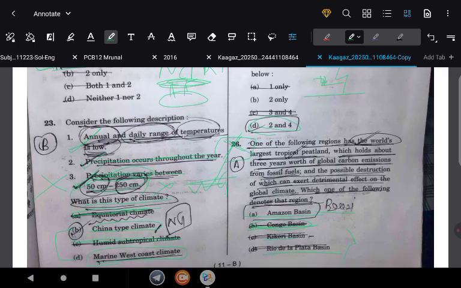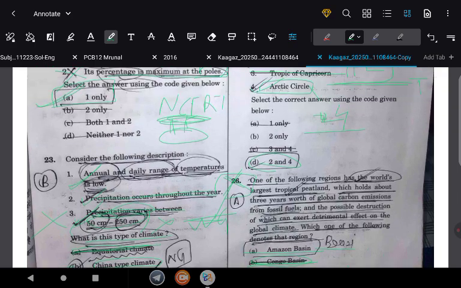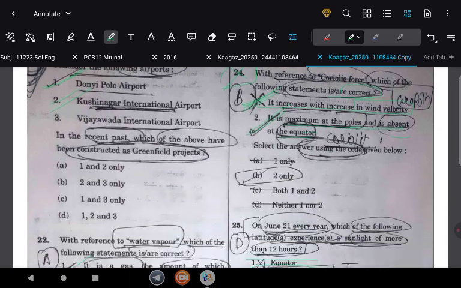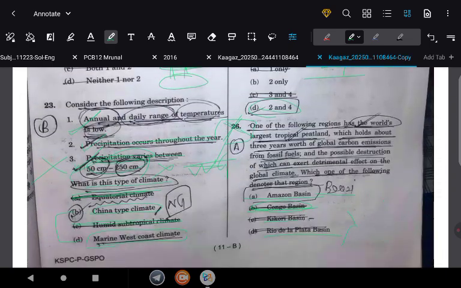Around 15 questions I have got right till now out of 26 questions, and I think I have left one question, so I have got around 15 right and 10 wrong as of now. That is not a very great ratio.